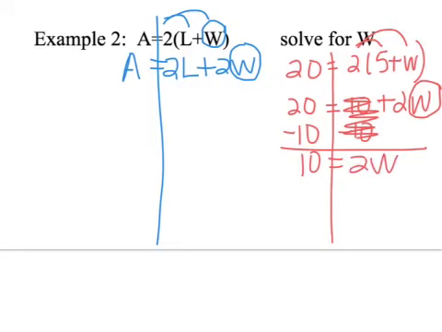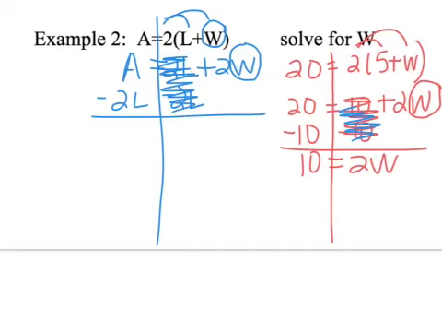So over here in blue, my literal equation, this is 2 times W, so I'm going to subtract this positive 2L. 2L minus 2L crosses out just like 10 minus 10 did. Okay? I bring down my 2W, just like I did in red, but over here, A minus 2L, I don't actually know what that is, so I'm going to leave that as A minus 2L. I cannot subtract them like I did here and actually get a number, because I don't have numbers.